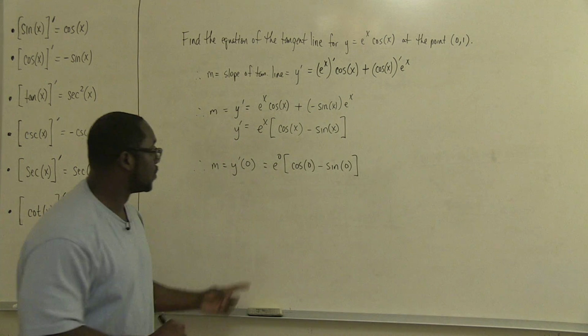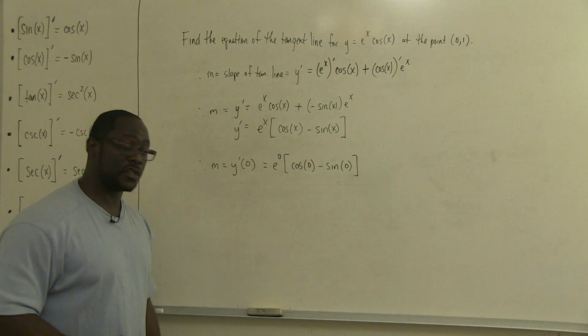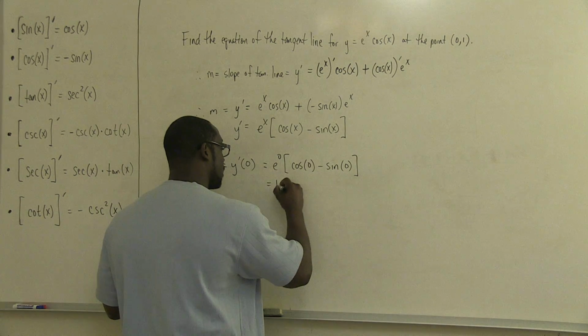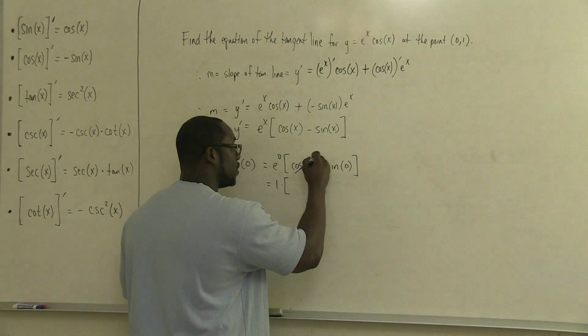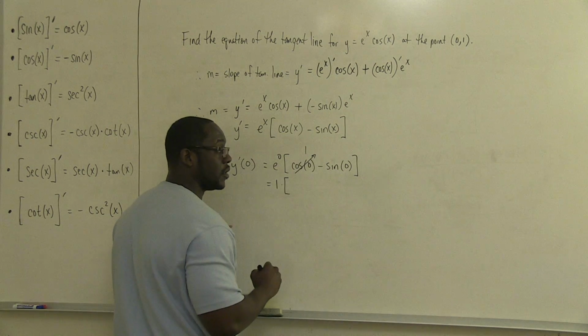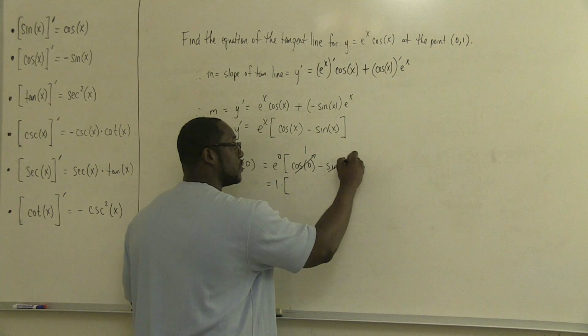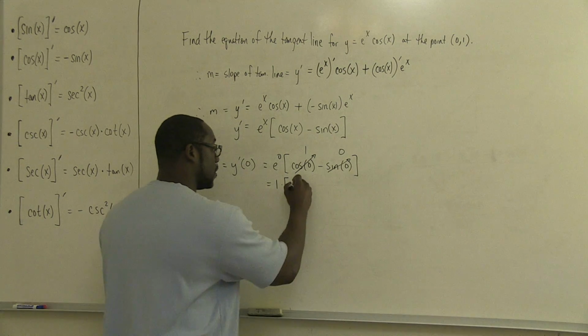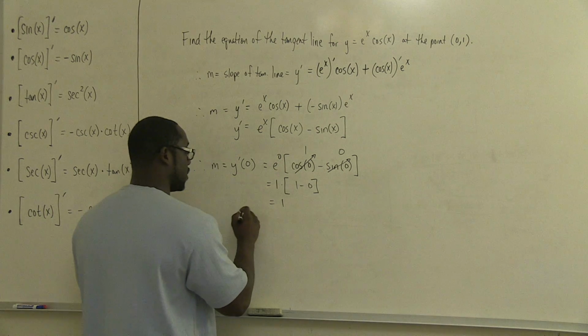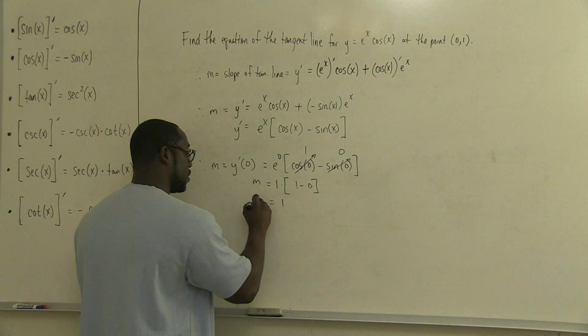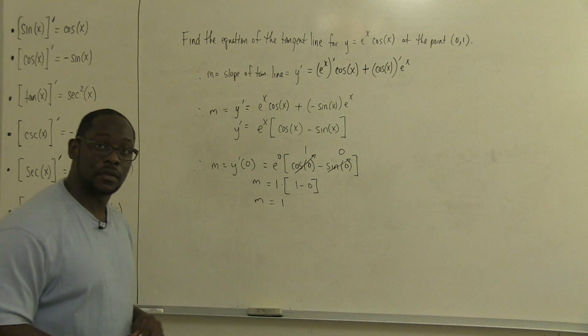Okay? So here we know that anything raised to the 0 power is 1. We know that cosine of 0 is going to be 1, and sine of 0 is going to be 0. So all that just says that our slope here ends up being 1.